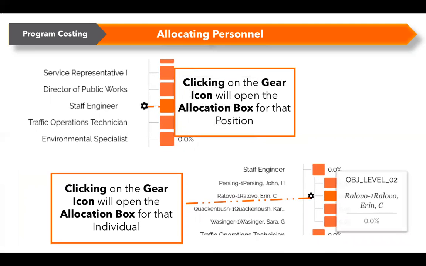Clicking on the gear at any level will bring up the allocation box that is associated with the amount of information available at that level. So if you click at the position title, if there are multiple positions associated with that title, you're going to get all those positions. If you go down to one specific position and click that gear, you're just going to get that individual position.